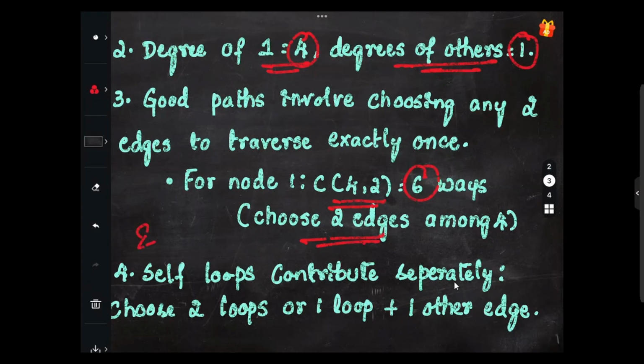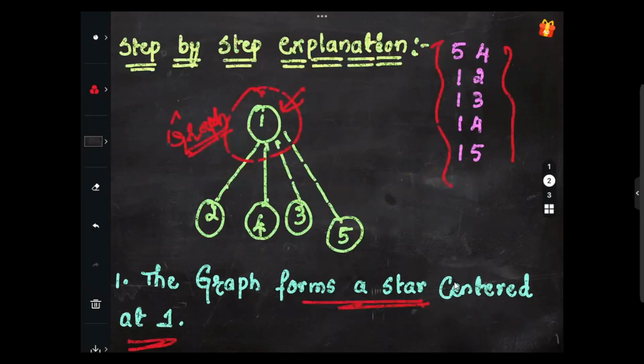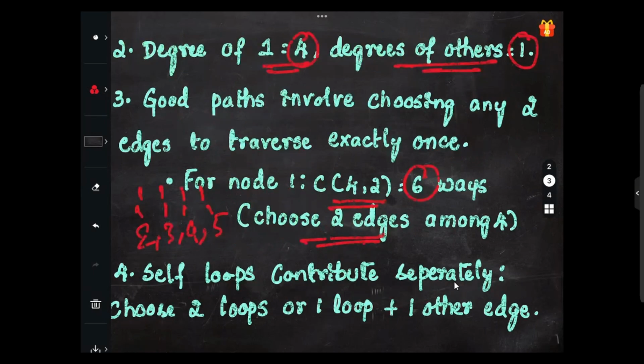So we have edge 1 to 2, edge 1 to 3, edge 1 to 4, and edge 1 to 5. I have shown you the graph previously. We can choose any two adjacent edges. We'll be choosing the first two, so 4 comma 2, and we'll be getting 6 ways, right?